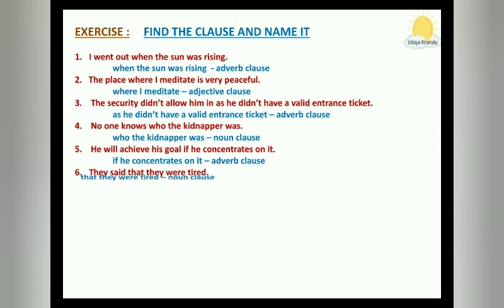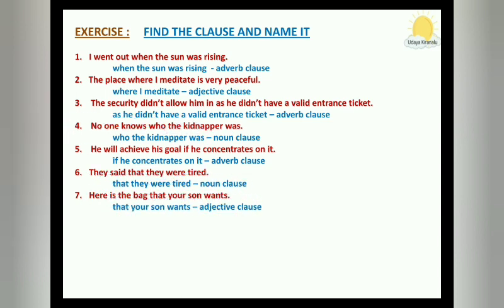That they were tired is a noun clause. Here is the bag that your son wants. That your son wants is an adjective clause. It is describing the bag. What you are going to do now is not known to us. What you are going to do now is a noun clause.